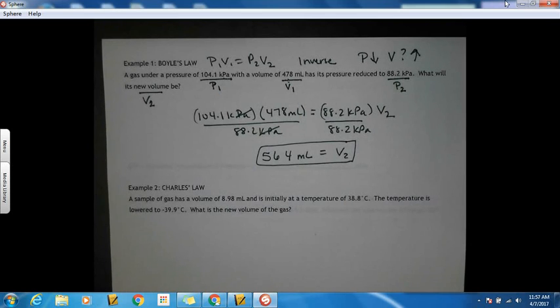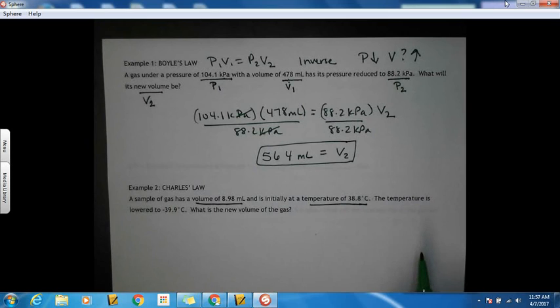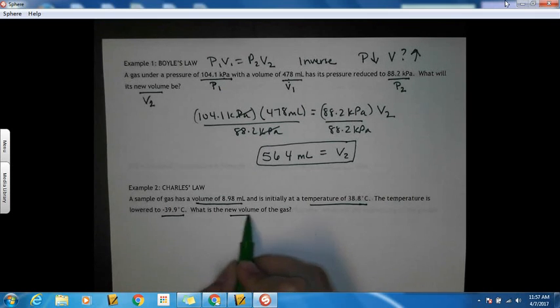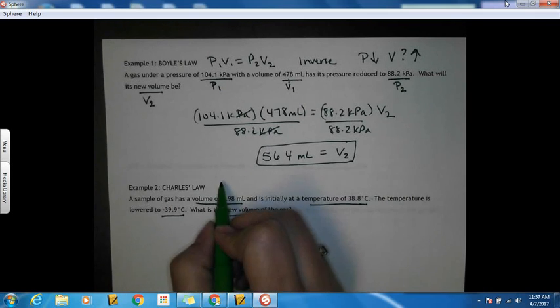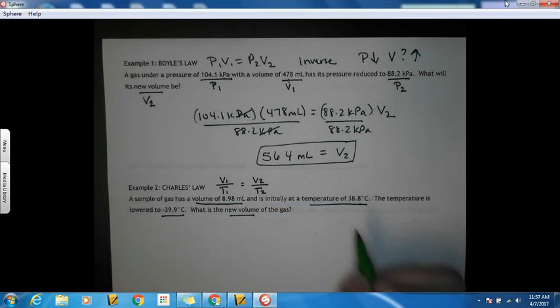Okay. Next we have Charles' law. We have a sample of gas that has a volume of 8.98 at a temperature of 38.8 degrees Celsius. The temperature is then lowered to negative 39.9 degrees Celsius. What's the new volume? So again, if we recall, Charles' law said that V1 and T1 were directly proportional, so we're dividing those.